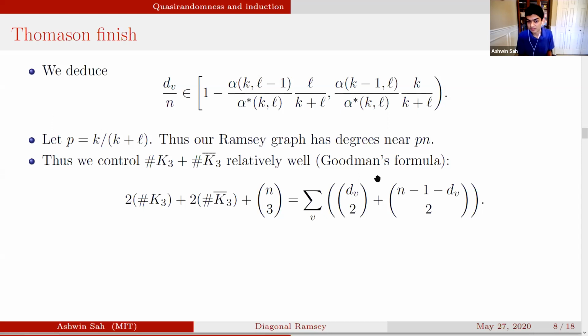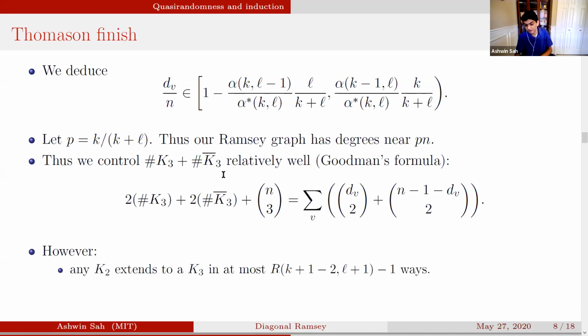That'll be approximately the triangle plus complement triangle count that you get. So on the right-hand side, using the bounds that we already have on the degrees, we can pin down what this value should be. But on the other side, we can actually give a bound to this left-hand side by computing it in a different way.